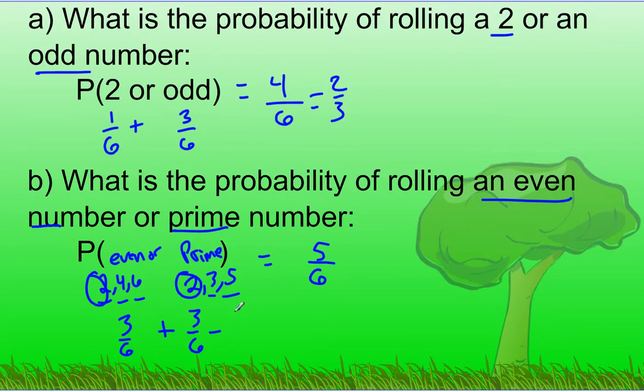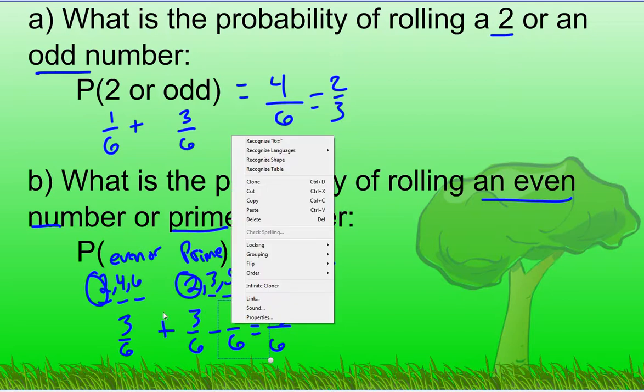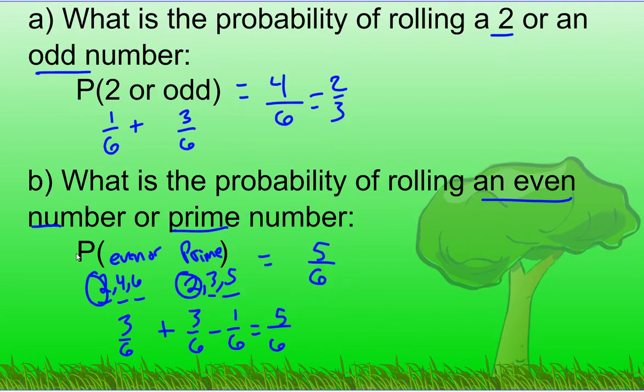Well, 1 out of the 6. You do this math: 3 plus 3 is 6, minus 1 is 5, denominator stays the same. We get the same answer. This way is using your formula, and the top way is thinking about it logically, the way you'd interpret it in your brain.